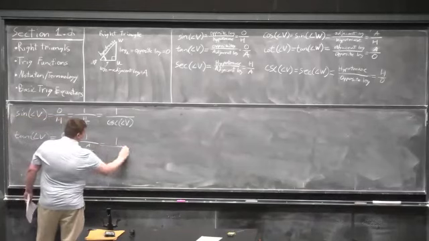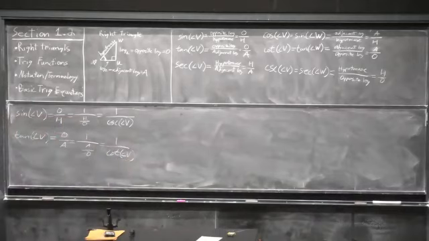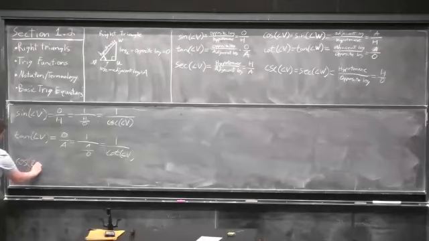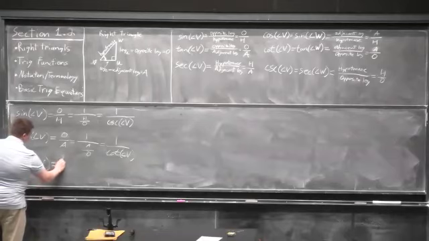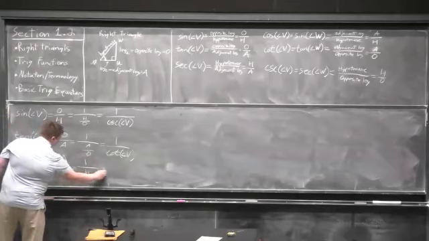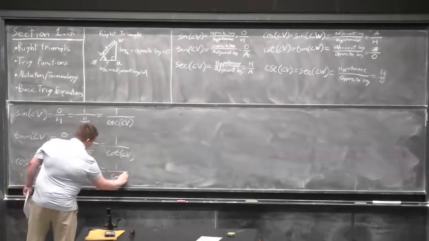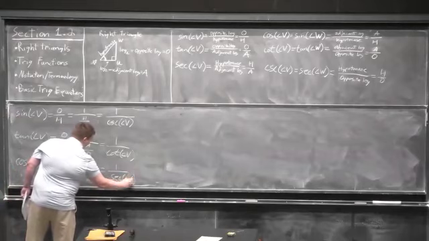So that's 1 over cotangent of angle V. Lastly, we have cosine of angle V, which is adjacent over hypotenuse. If we take 1 divided by the reciprocal, H divided by A, we can rewrite that as 1 over secant of angle V.